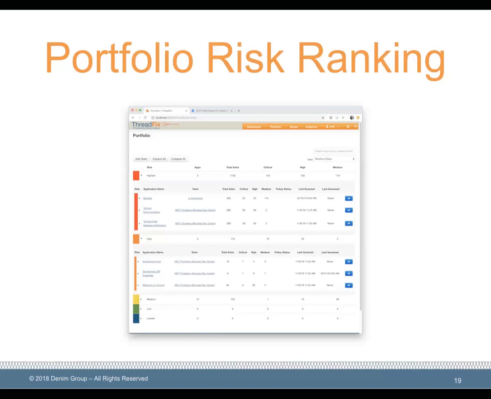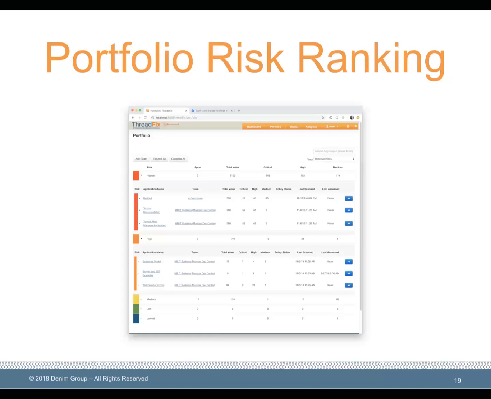You can see which applications have the most and the most serious vulnerabilities, which are exposed to the public where those vulnerabilities are more likely to be exploited, as well as the assessment activity. Where are the applications where we haven't done assessments in a long time, so our view into the state of security for that system is potentially out of date.